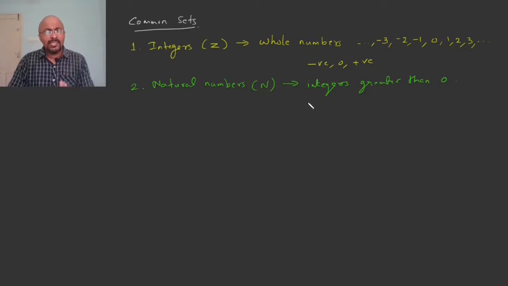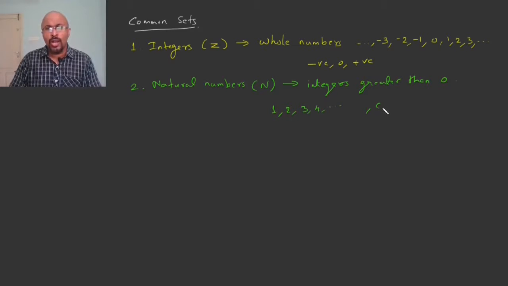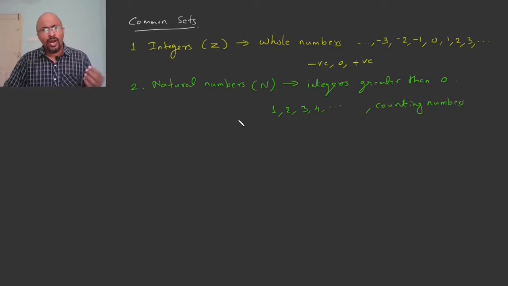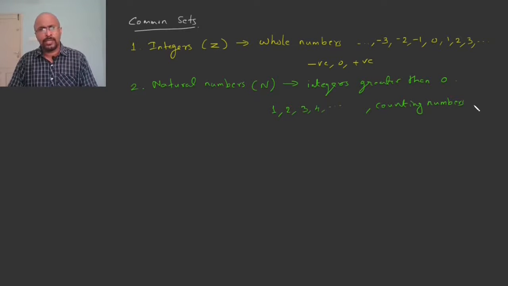So the integers greater than 0 include 1, 2, 3, 4, etc. We know these are numbers we use to count, so they are also called counting numbers. So we got another common set, the set of natural numbers, that is 1, 2, 3, 4, etc.